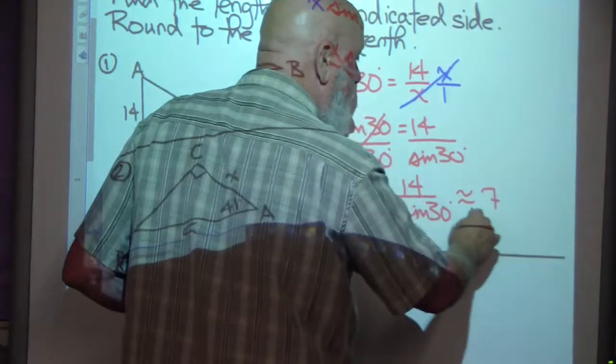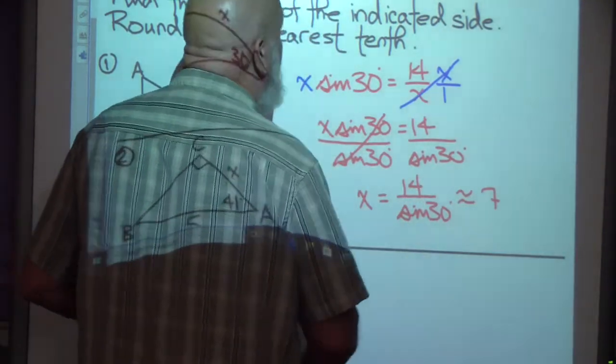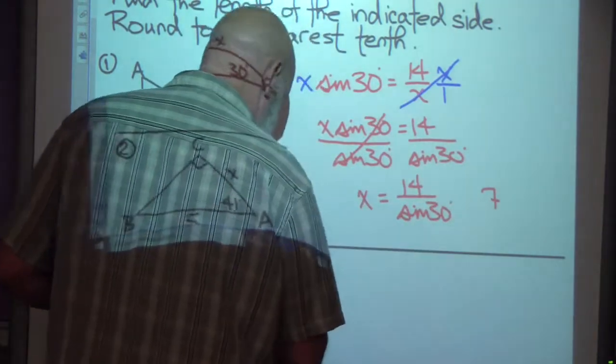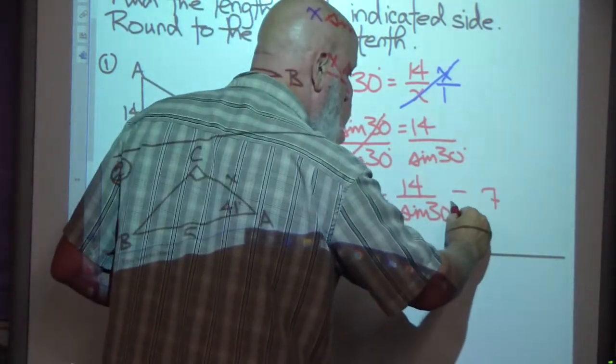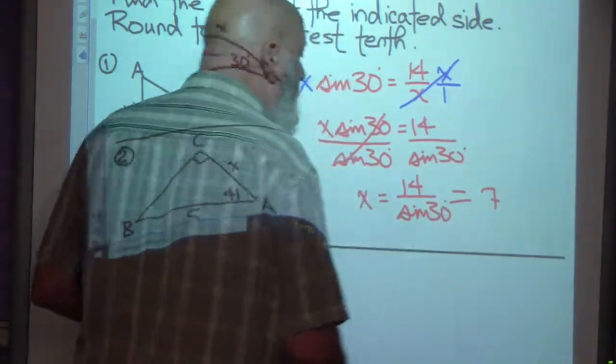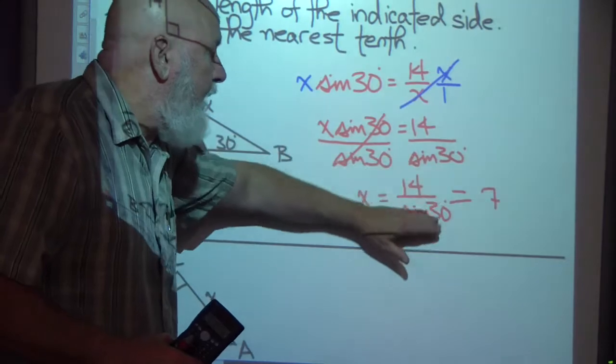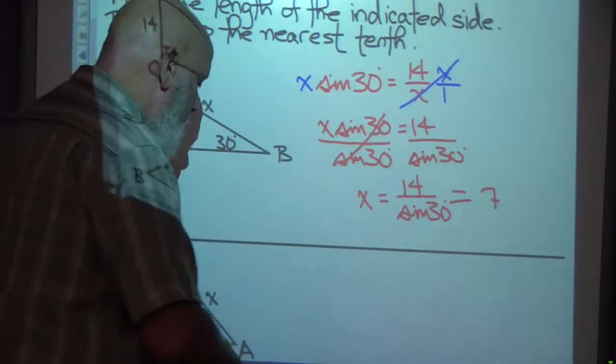That's an exact value. I said approximately, but in this case, we didn't have to round it. It's exactly 7. So it's not that much algebra to do, but there's a quick way to do it.